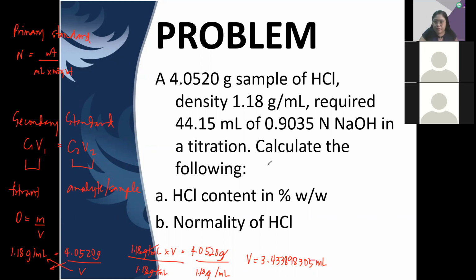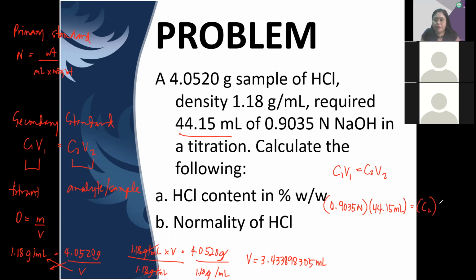And then, we will be using C1V1 equals C2V2. C1, concentration of the titrant. That's 0.935 N. Okay, ito. Times the volume of the titrant, 44.15 ml, equals the concentration of the sample.